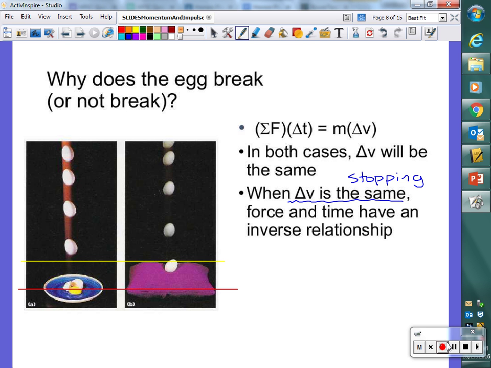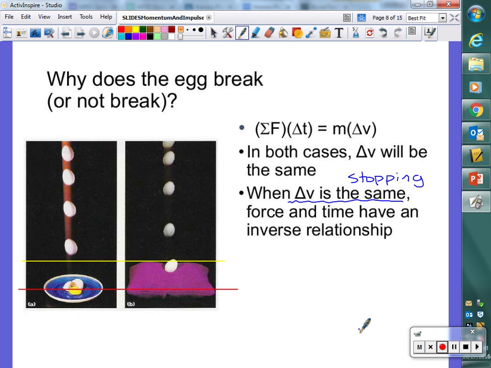So we know that that has to happen. So the delta V is going to be the same, like in this case right here, or when we talked about the tossing of the glass into the sheet. Regardless of how fast Lexi tossed it, eventually it's going to stop, whether it hits the sheet or whether it hits the floor. Okay?